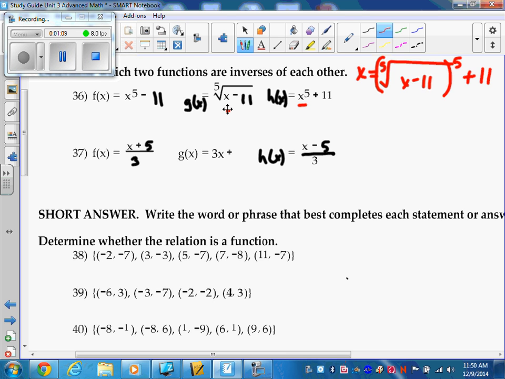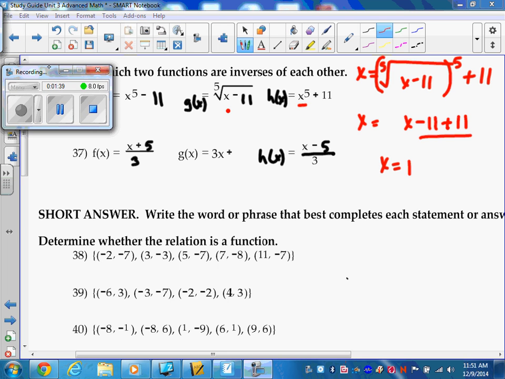When I raise that to the fifth power, I get x minus 11 plus 11, and negative 11 plus 11 is 0, so I get x. Since x equals x, g and h are inverses of each other, and that would be choice A. So choice A is the right one for this piece.